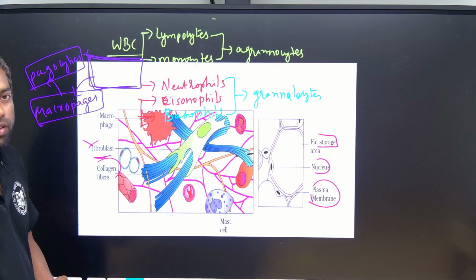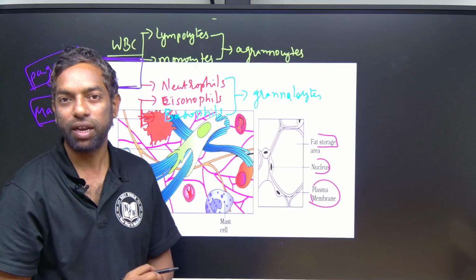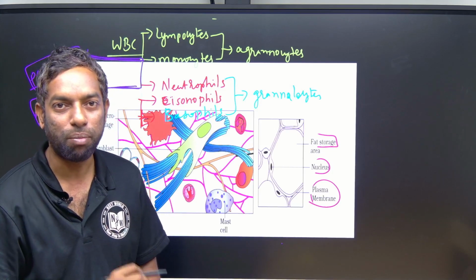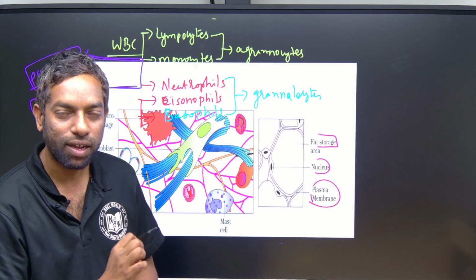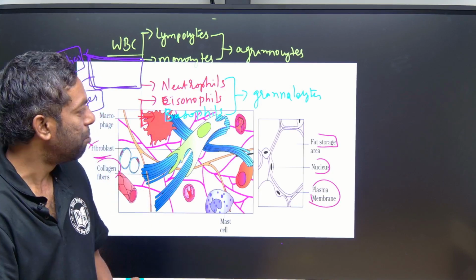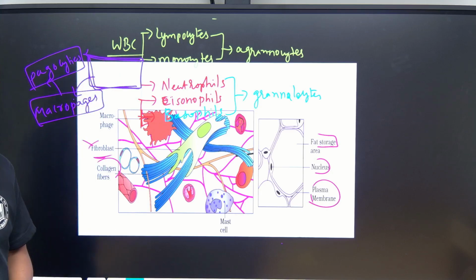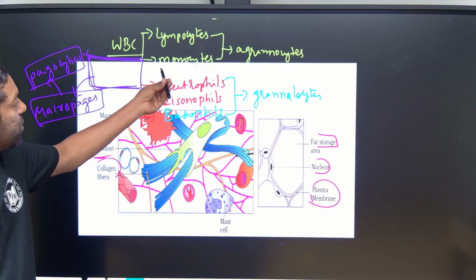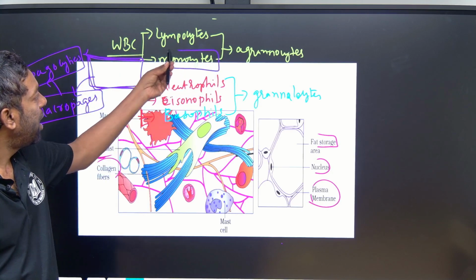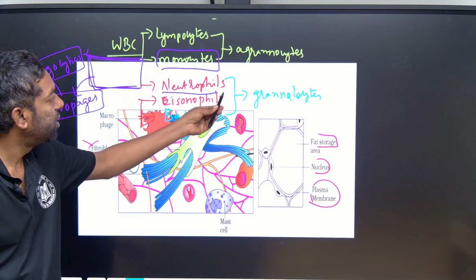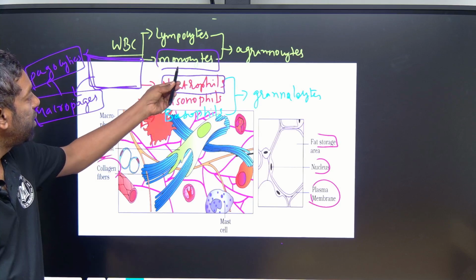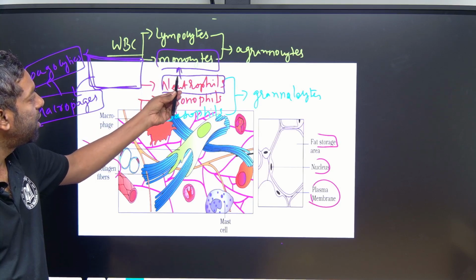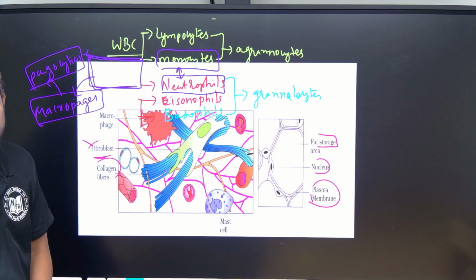What is phagocytic? Phagocytic means they can engulf bacteria or foreign bodies, kill and eat the bacteria. Monocytes and neutrophils, these two are phagocytic in nature, and we can call them macrophages.